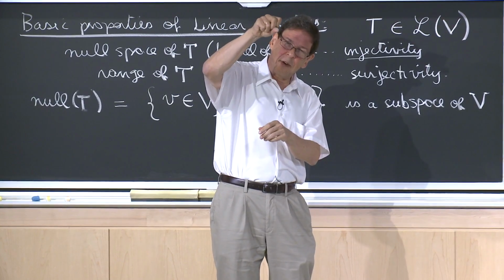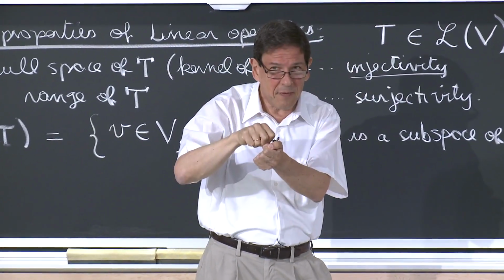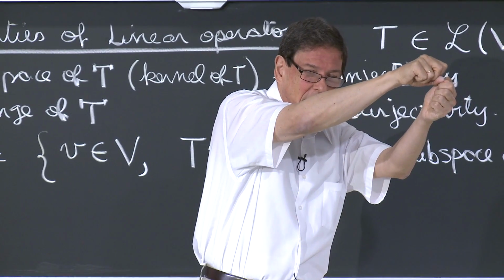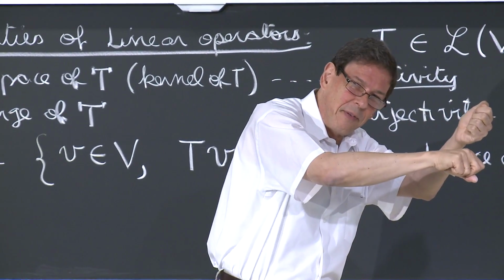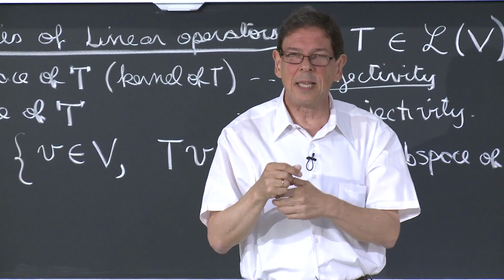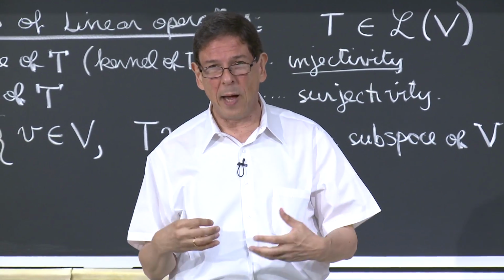You take a vector and you act with an operator, you get something. You take a different vector, you act with the operator, you cannot get the same thing. You must get something different. So different vectors go to different things. This is sometimes called injective, or one-to-one.